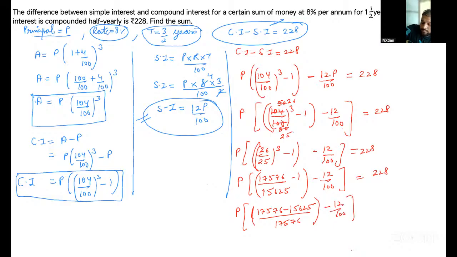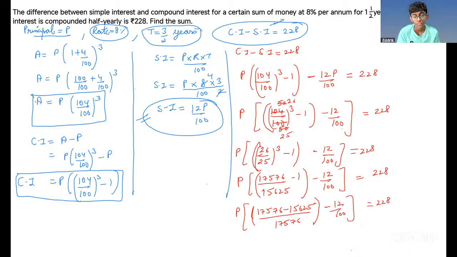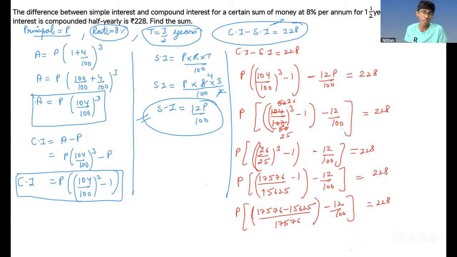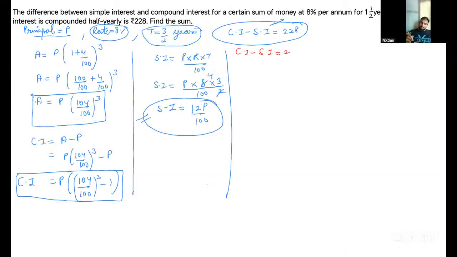Sir, in the third part, you missed a bracket. The P into 26 by 25 whole cube. Here it is there, no? Oh yeah. In the last step, did you cross multiply or did we do LCM? Yeah, the LCM part.